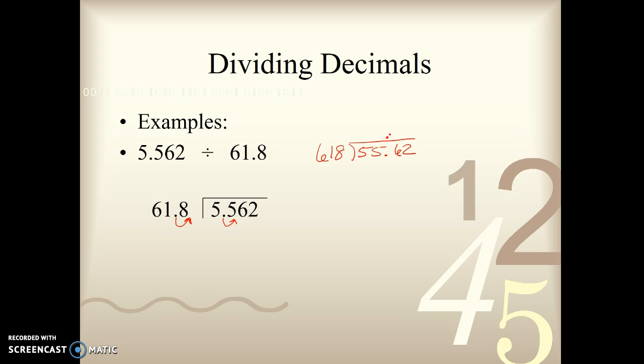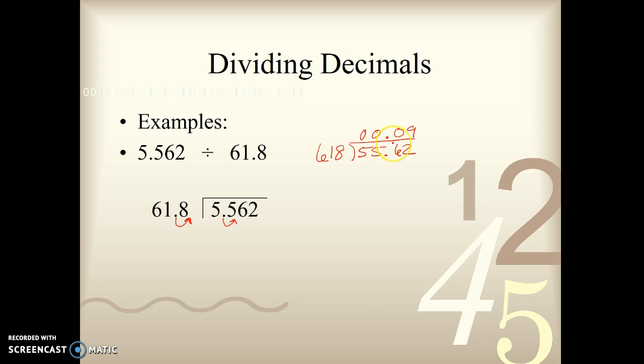618 goes into 5 0 times, right? We're not going to do all the zeros and do all that adding, so let's just go to the next digit. 618 goes into 55 0 times. 618 doesn't even go into 556, so we're going to write a 0 there. But we probably can estimate 5,562 divided by 618 and say that it would go in there 9 times.